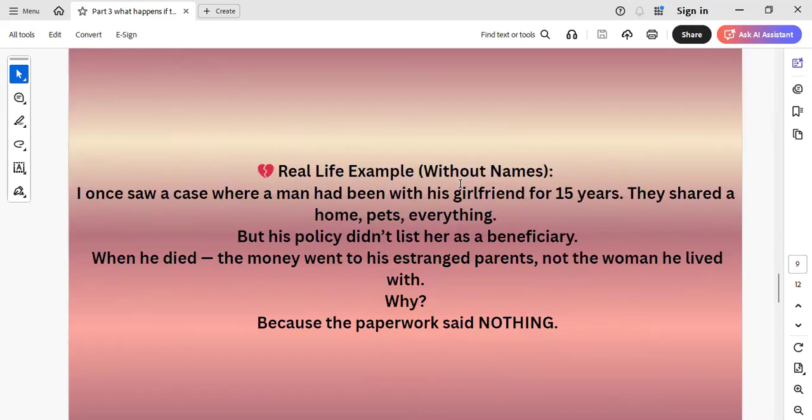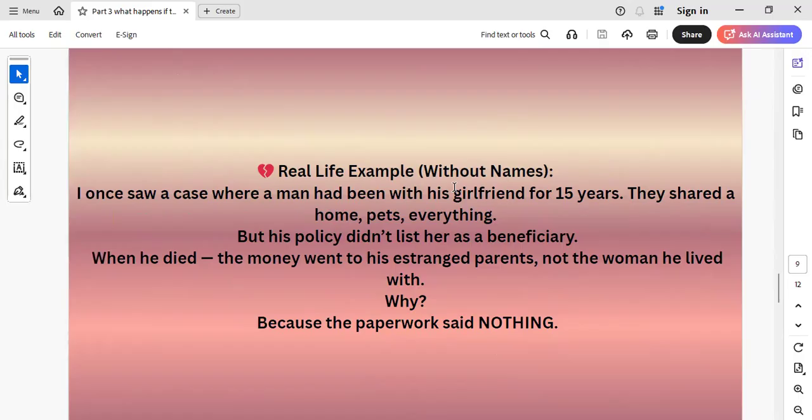Here's a real-life example. I once saw a case where a man had been with his girlfriend for 15 years. They shared a home, pets, everything, but his policy did not list her as the beneficiary. When he died, the money went to his estranged parents, not the woman he lived with. Why? Because the paperwork said nothing.